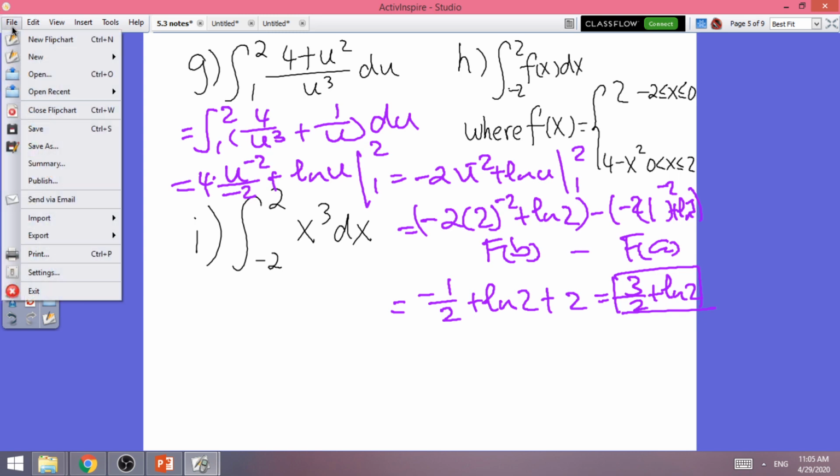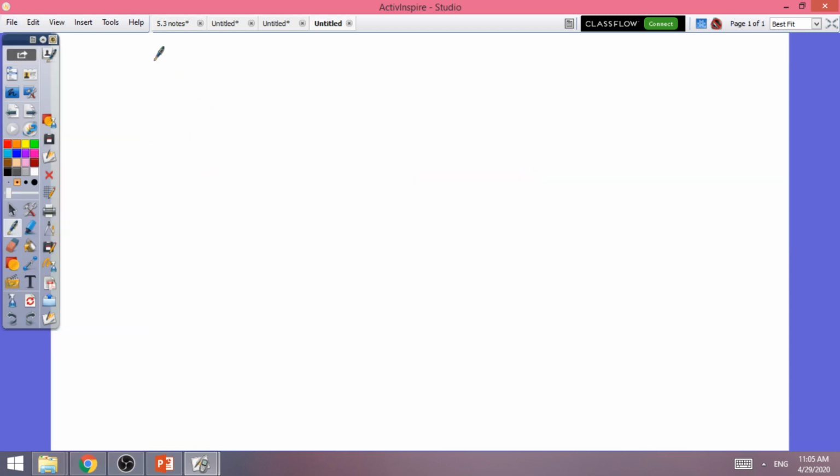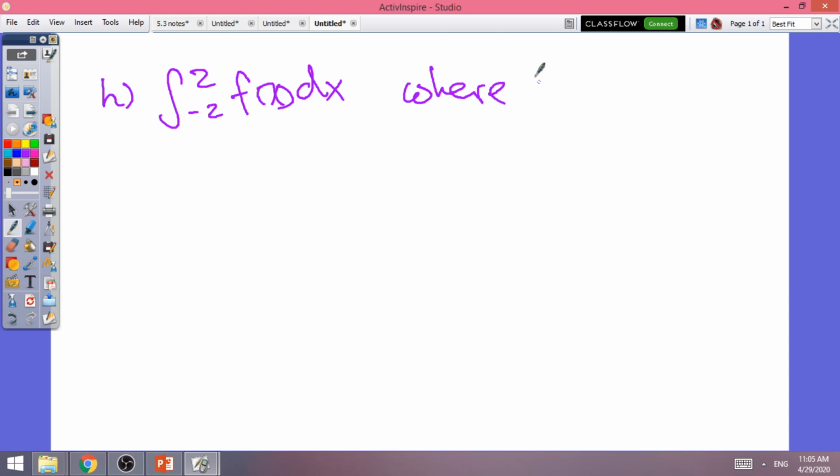Okay, so new slide that we have. For h, we do have the integral from negative 2 to 2, f of x dx, where f of x is split into two pieces: 2 and 4 minus x squared, constant, linear, and quadratic.